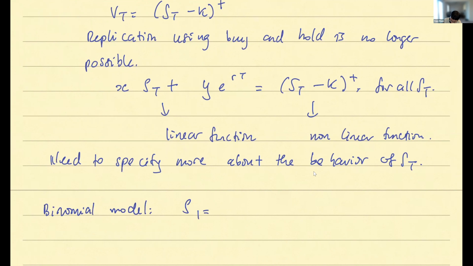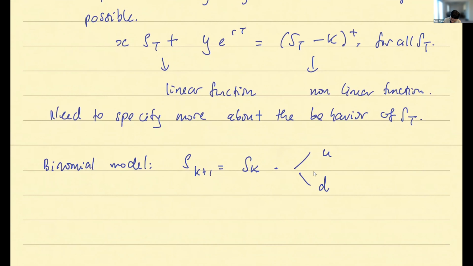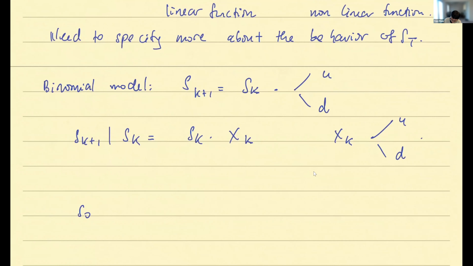It goes something like this: S_{k+1} is S_k times either U or D. In other words, S_{k+1} conditioned on S_k is S_k times some random variable X_k, where X_k takes on two values, U and D. If you keep on doing that, you get this binomial tree. I don't have to repeat it because I'm sure you're familiar with it.